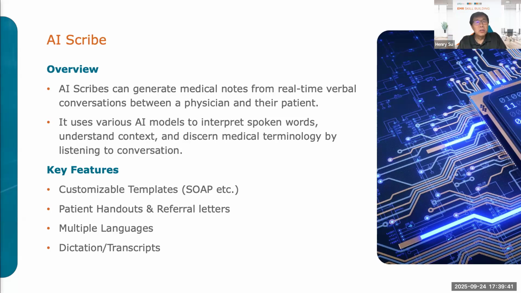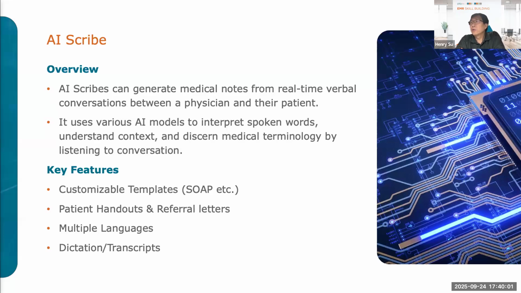Or you can just say, please keep my note short and brief in point form. That's all you need to do, and that's how you can customize your note easily with AI scribe.